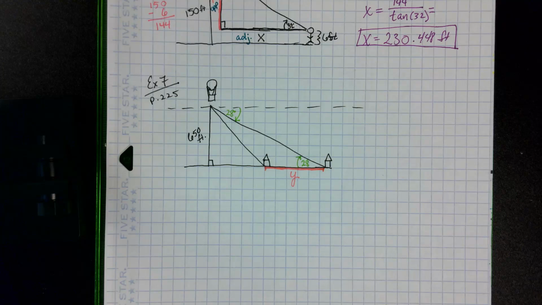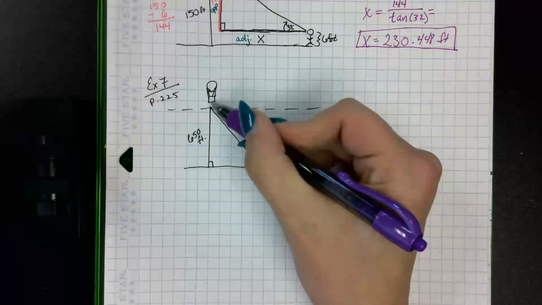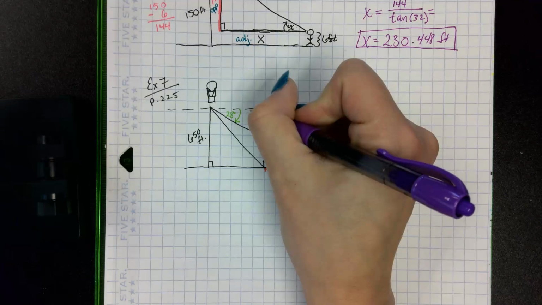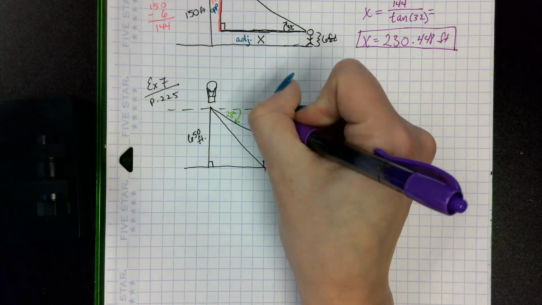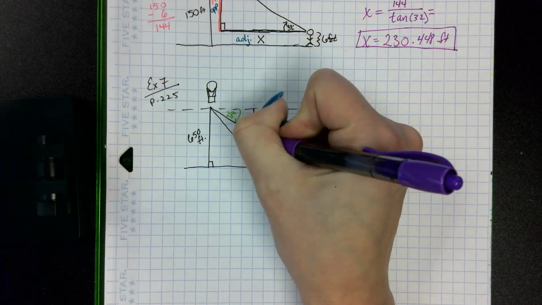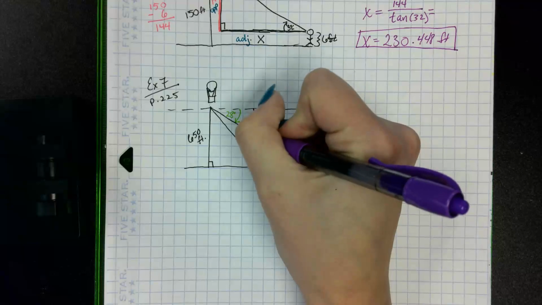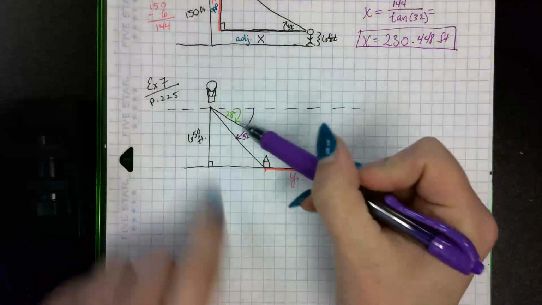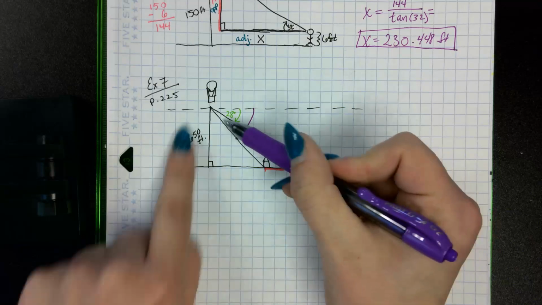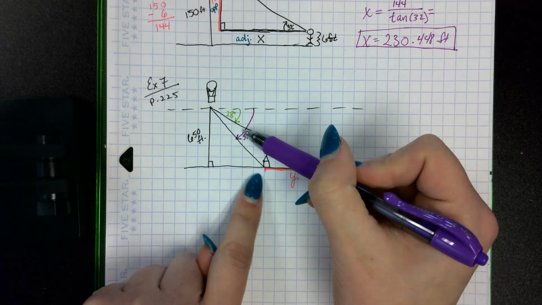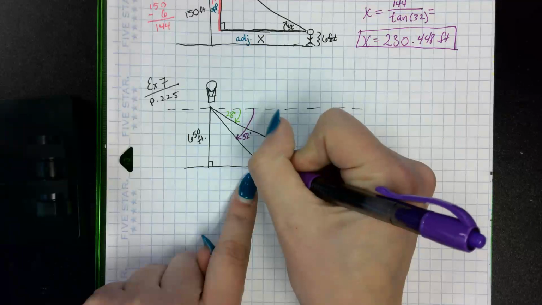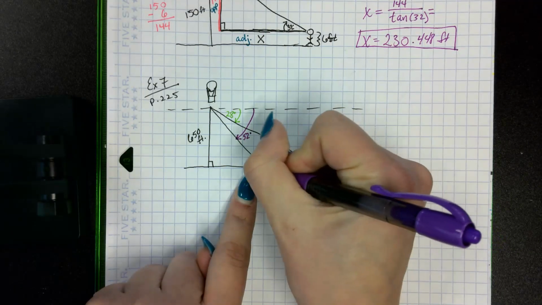And then I have another one from the same place, the person in the balloon: the angle of depression from horizontal going to the second line of sight is 52 degrees. If this angle on the top of this line is 52, I can alternate to the other side and say that this must also be 52 degrees.